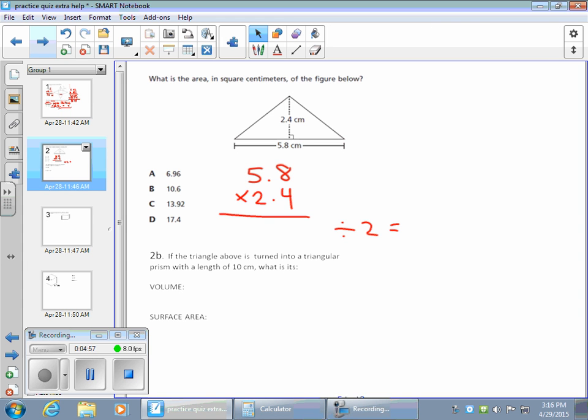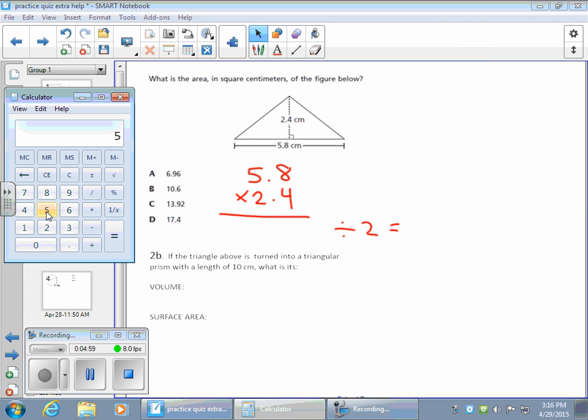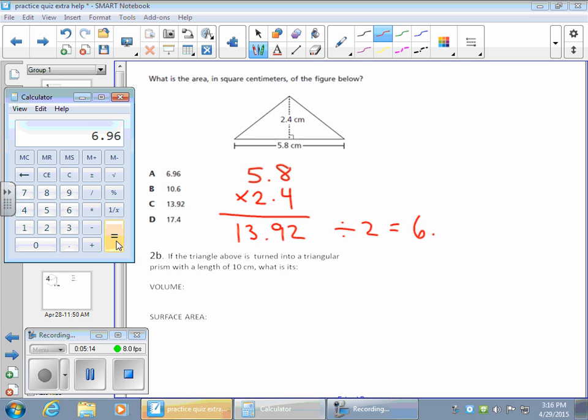So, calculator, 5.8 times 2.4 equals 13.92 divided by 2 equals 6.96. There it is, right? And that's square centimeters because it's area.